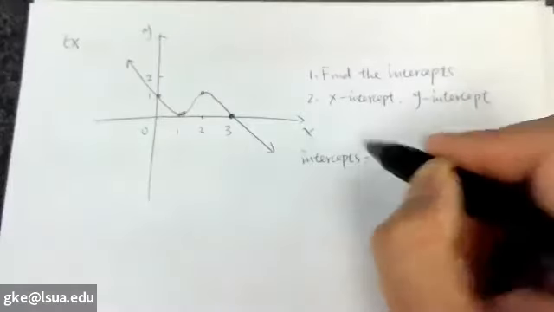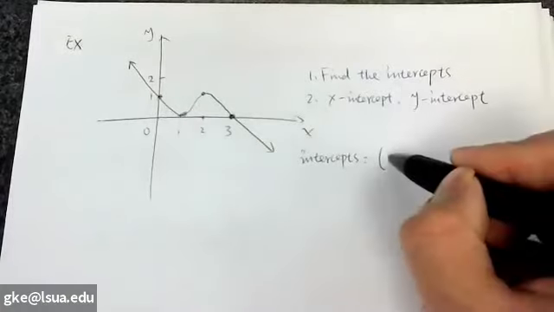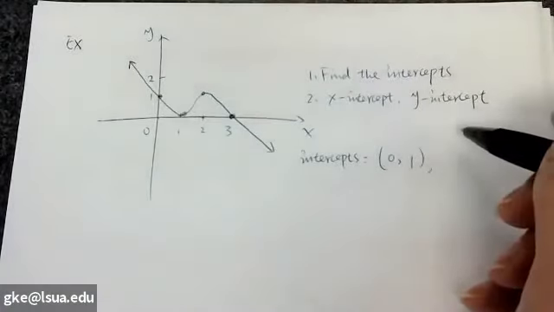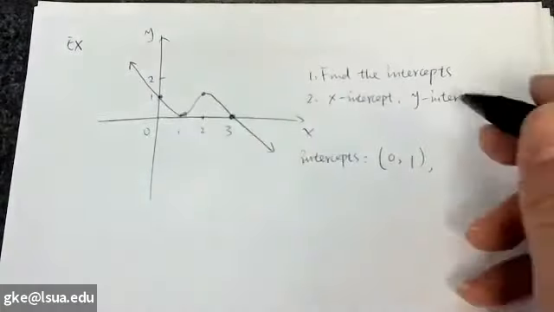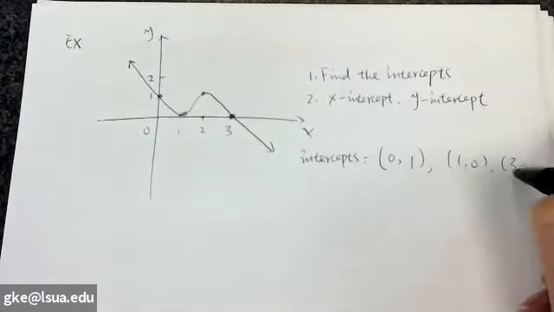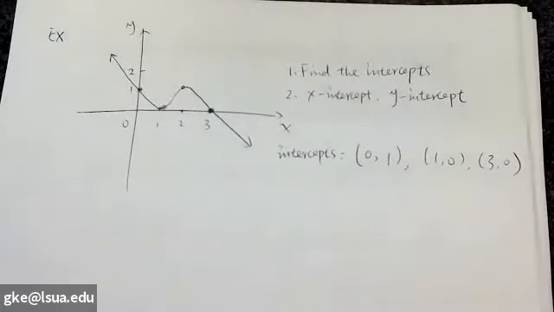So for the intercept, for this point is what? 0, 1, right? It's a point. And this point is what? 1, 0. And this point is 3, 0. Very straightforward, right?